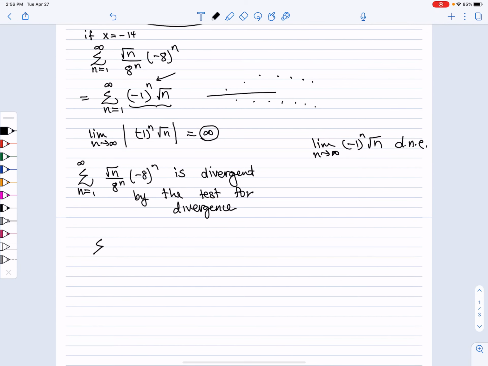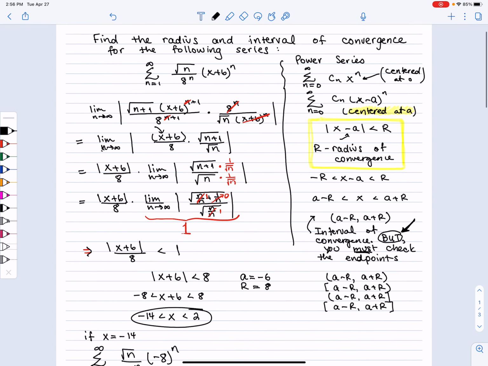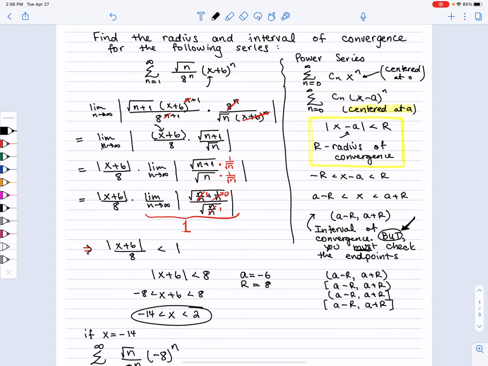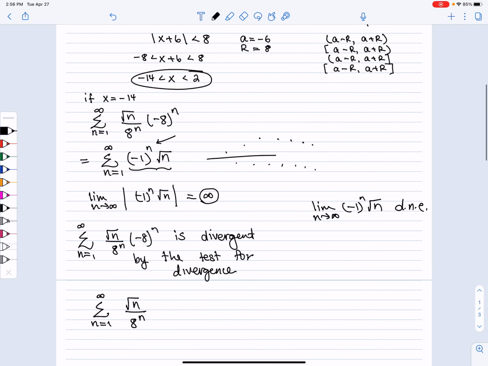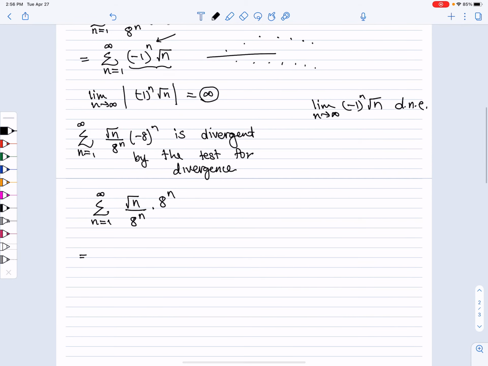So we're going to have sigma as n goes from 1 to infinity of the square root of n over 8 to the n. And then when you plug in 2 into your original problem, this gives you 2 plus 6, which is 8. So times 8 to the n. And this is going to be sigma as n goes from 1 to infinity of the square root of n.